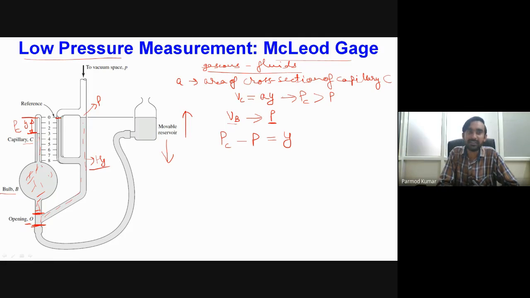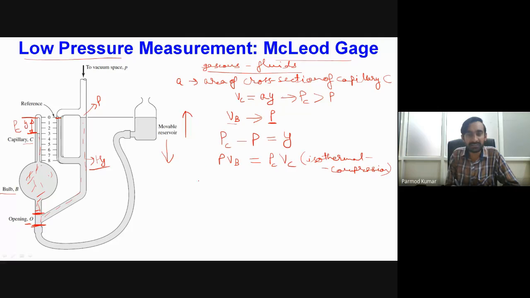If we consider the isothermal compression, I can write that pressure at B times volume VB is equal to pressure at C times the volume of the gas at point C. This condition we can use for the compression of the gas over here.